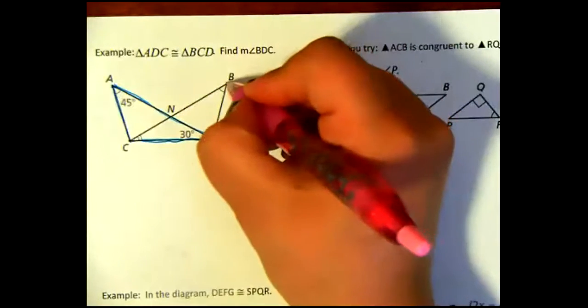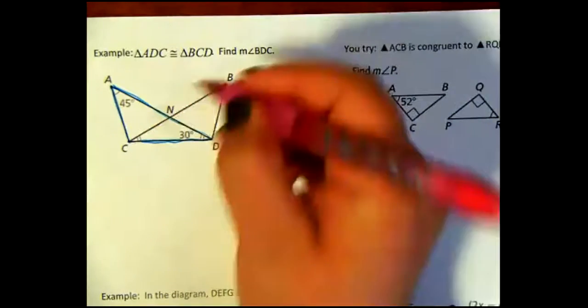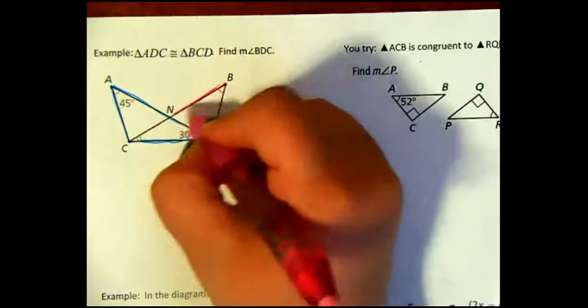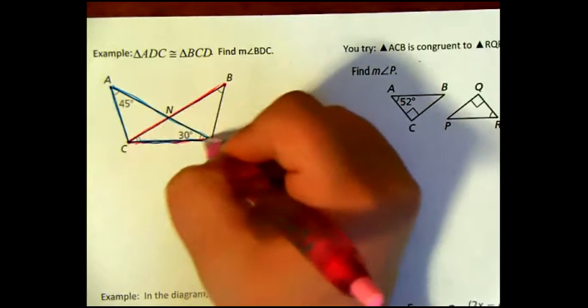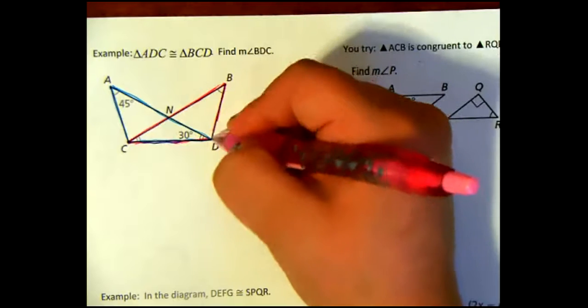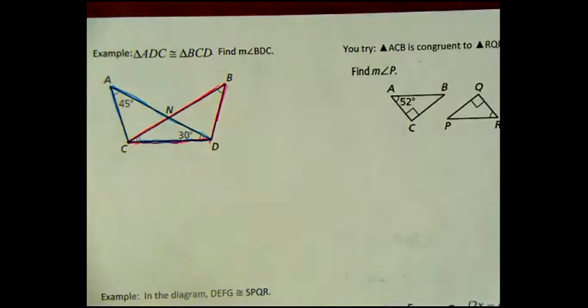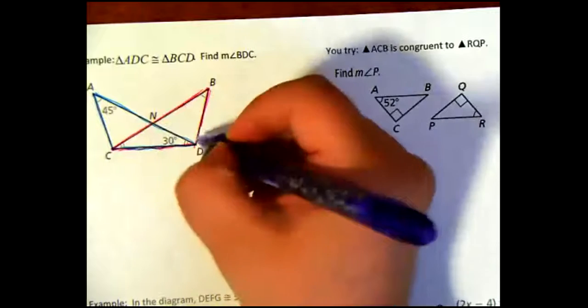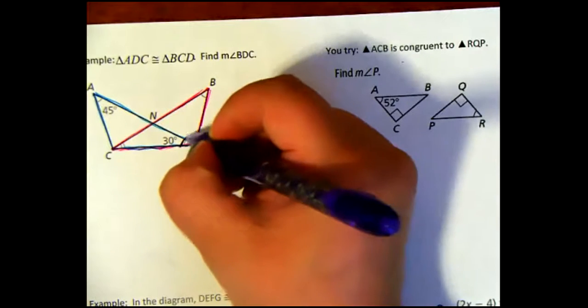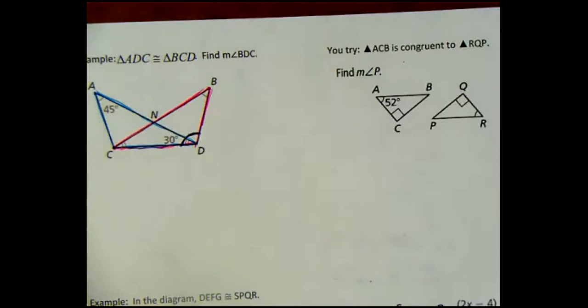So BCD. They want to know the measure of angle BDC. BDC is this angle right here. They want to know the measure of that angle right there.